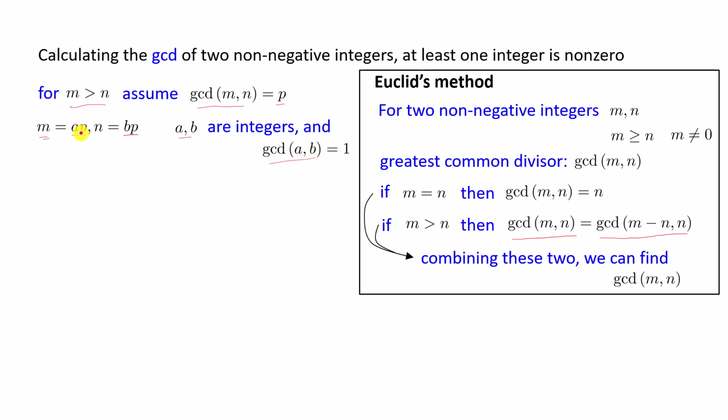Now, if m equals ap and n equals bp, then m minus n is a minus b multiplied by p.